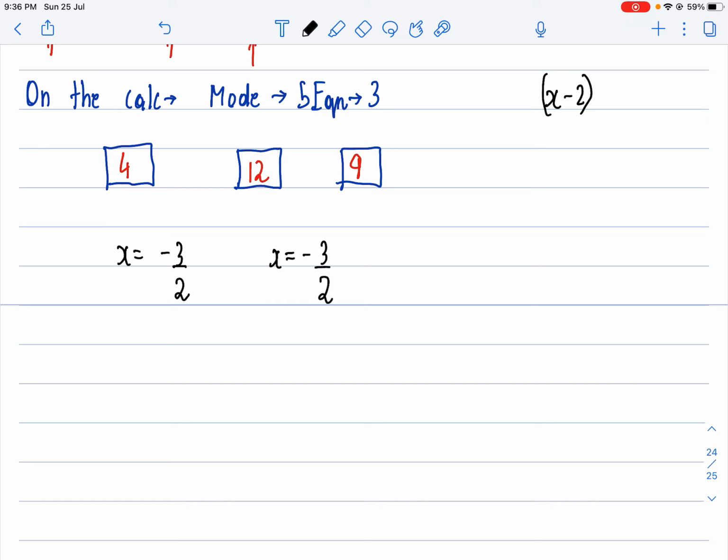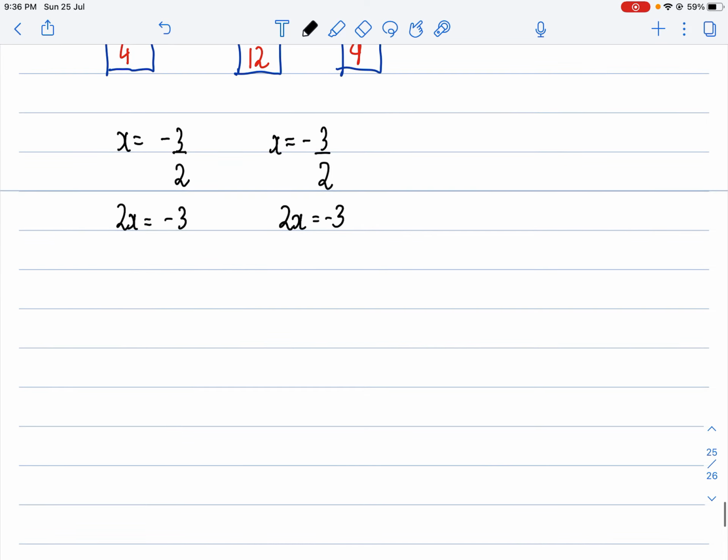Now, what you can do is first take the denominator here to the other side. So you get 2x equals to minus 3. Here also you get 2x equals to minus 3. Correct? Then take the 3 to the other side. So you get 2x plus 3 equals to 0, and 2x plus 3 equals to 0.